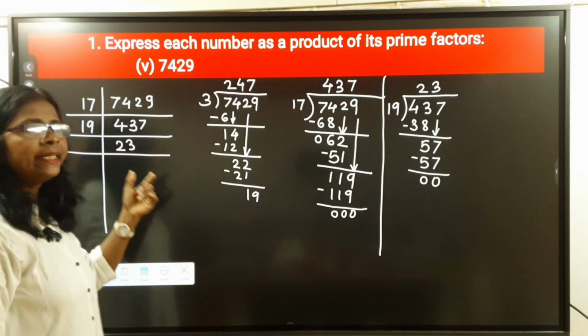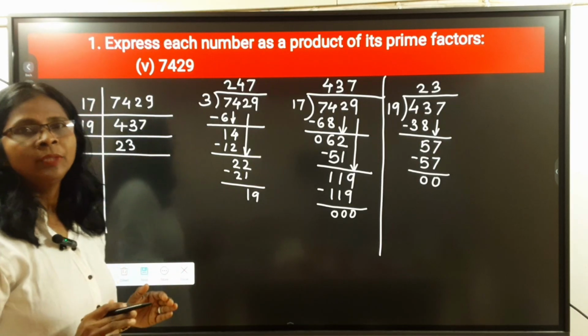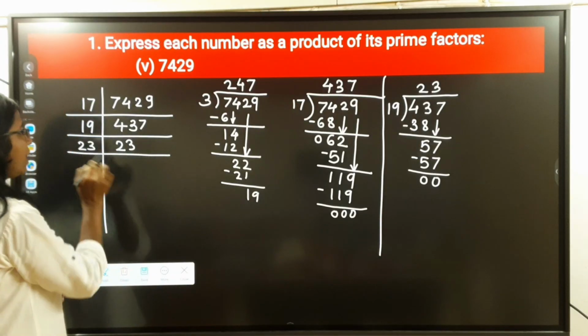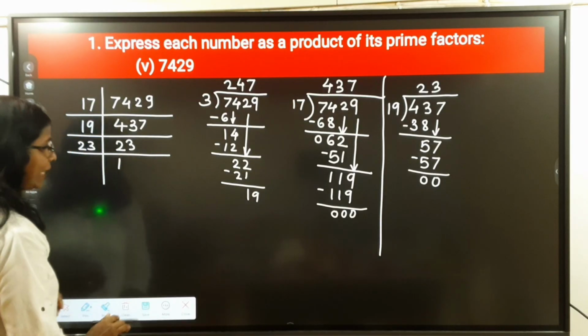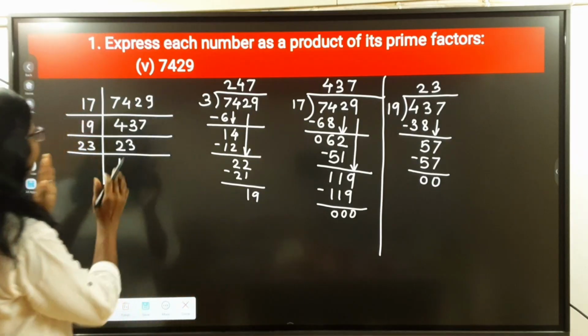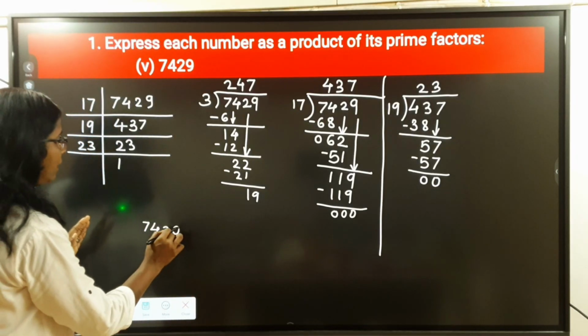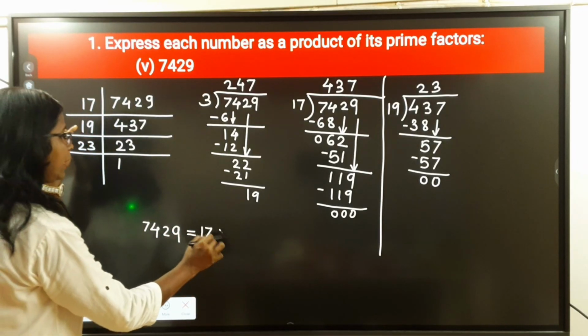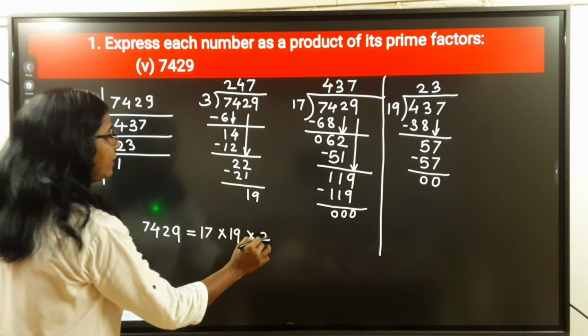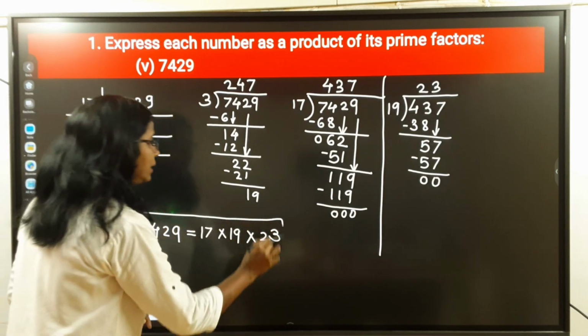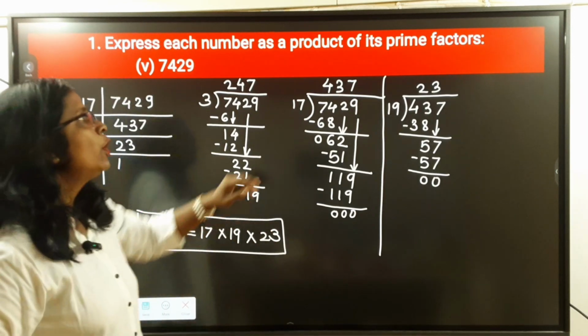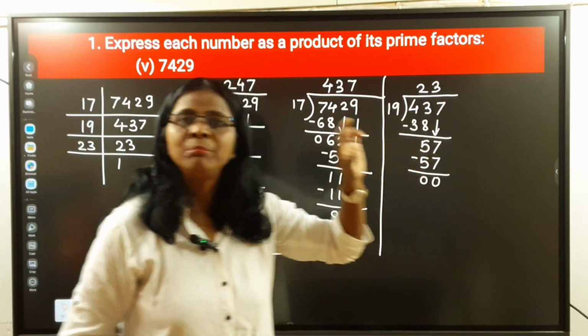Now, 23 is a prime number, so 23 ones are 23. And then we factorize this number this way: 17 multiplied by 19 multiplied by 23. So this number is in the form of the product of its prime factors.